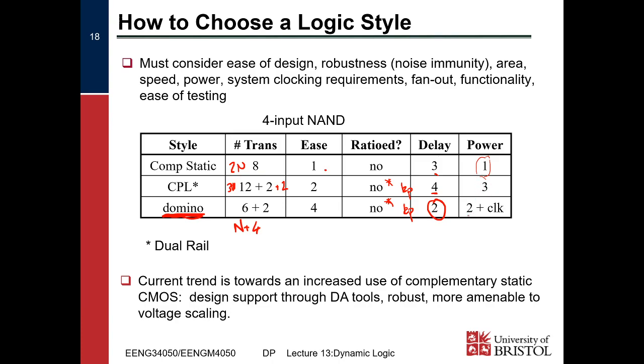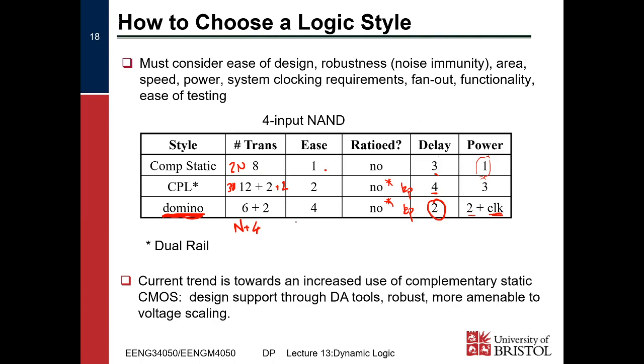As for domino logic, it's not quite as bad as complementary pass logic because it's got not as many transistors, except your power is very dependent on your clock speed, and your clock speed is generally quite high because we're generally aiming for high performance with domino logic, and so this ends up being much higher values than any of the others, right? Because we get so much dynamic power consumed from our transitions.